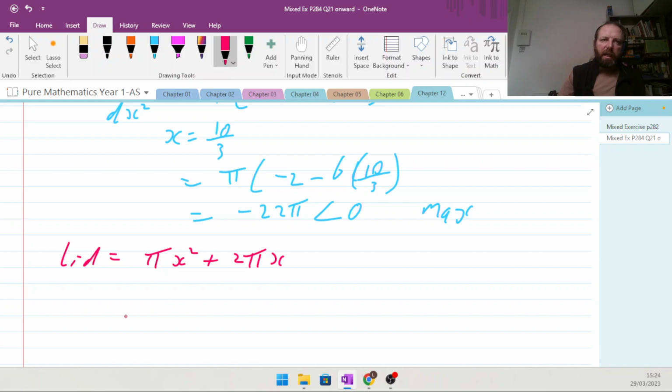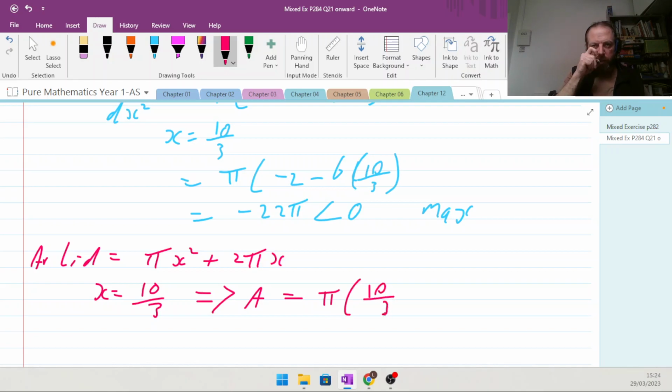If we are saying x is equal to 10 over 3 currently, therefore the area is equal to, let's take the pi out, 10 over 3 squared plus 20 over 3.